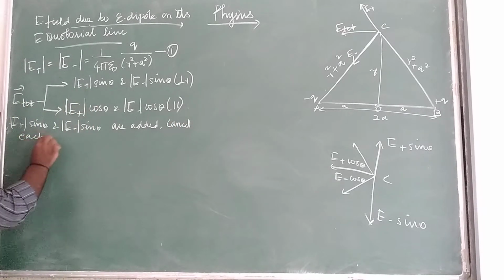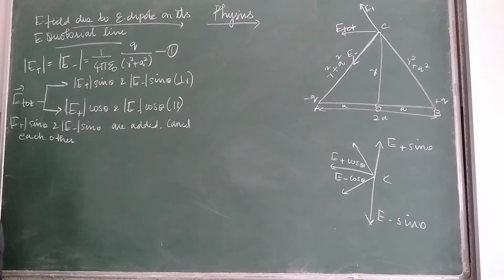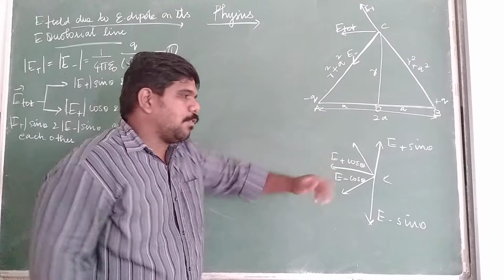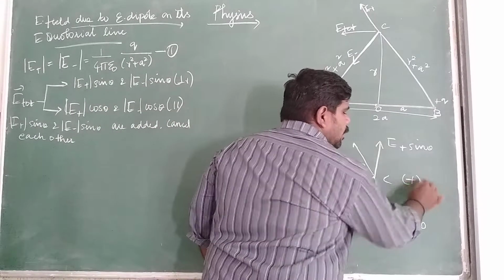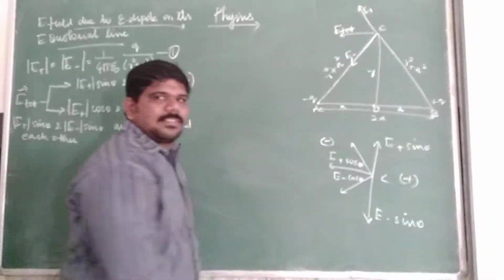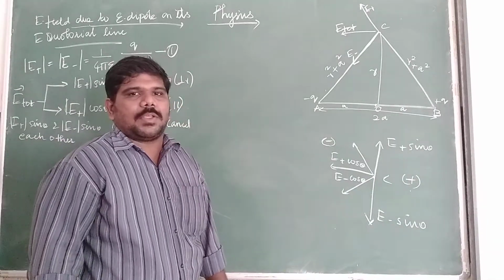So what remains is only the cos theta component. If we assume this is the positive axis, then this is the negative axis, so the cos theta component will be on the negative axis.